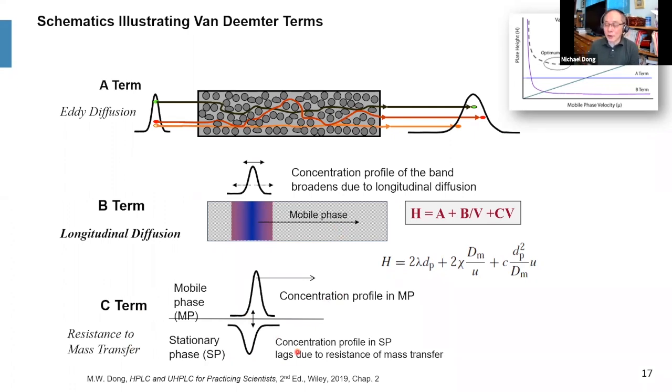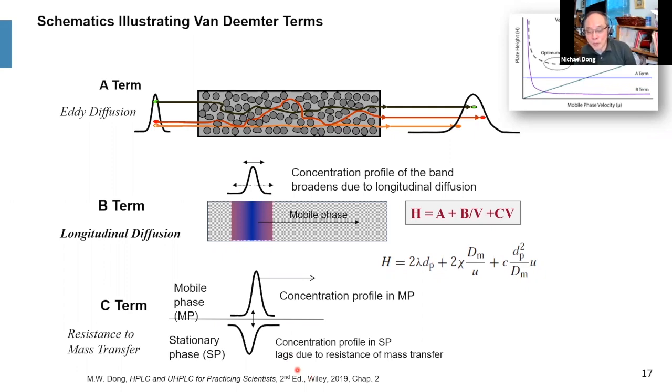So if they go inside a pore, they're not moving at all, so you're allowing the interaction. Eventually, you want the analyte to diffuse out of the pore, and that takes time, right? And once it comes out of a pore, it would travel with the mobile phase until it hits the next particle and goes inside the pore. So it's definitely a very complex thing, right?